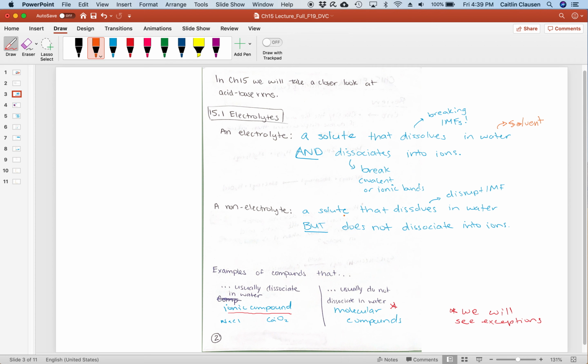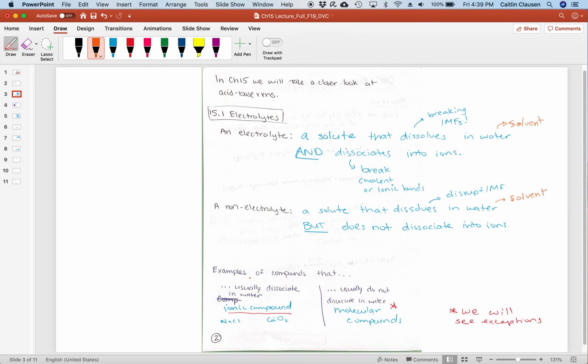A non-electrolyte is a solute that dissolves, so its intermolecular forces are also disrupted. Again, water is the solvent. But for non-electrolytes, they do not dissociate into ions. So no covalent or ionic bonds are broken for non-electrolytes.